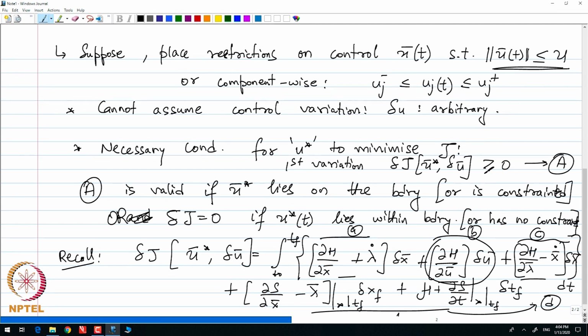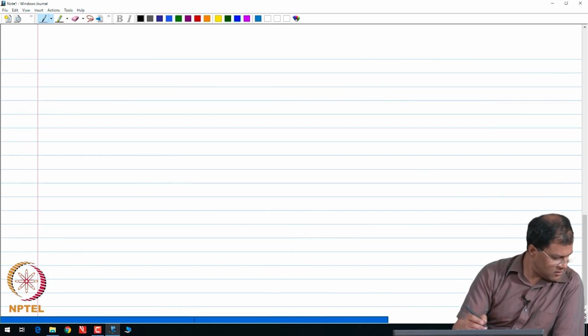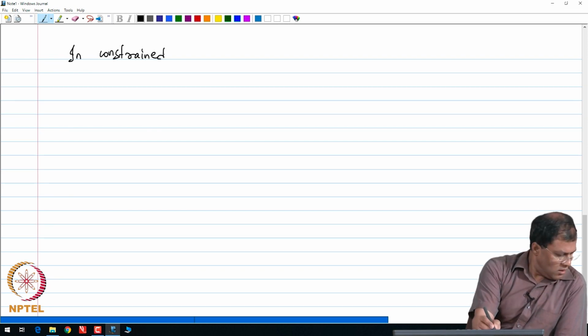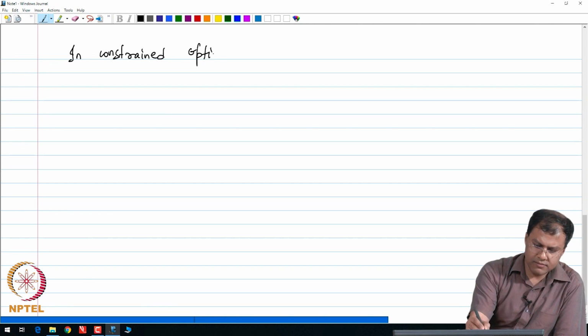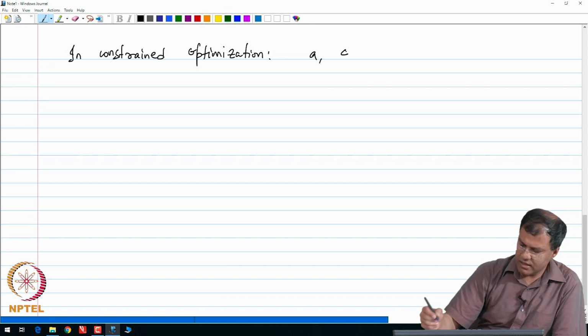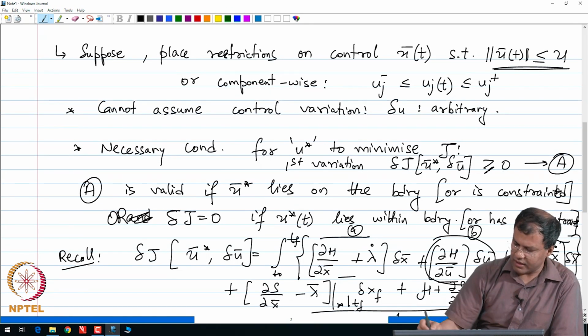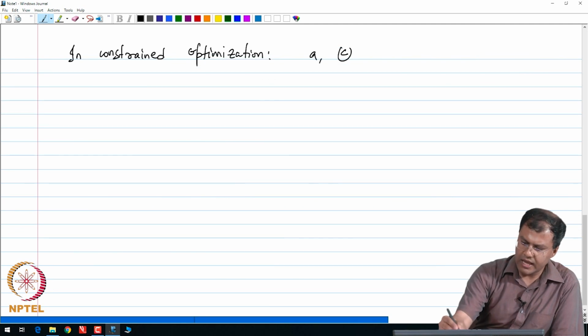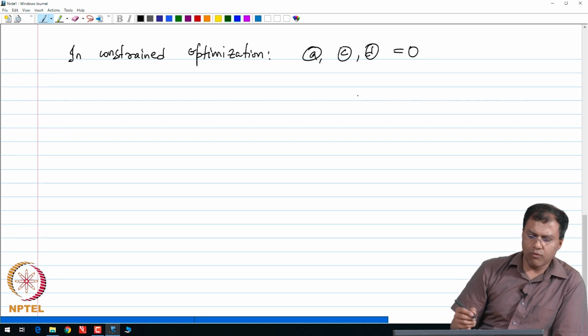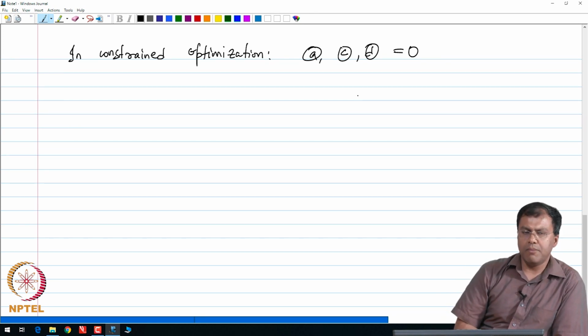Okay. So, in my constrained optimization, what I have is that A, C, D, they are all set equal to 0 except now B. So, what to do with the condition number B?